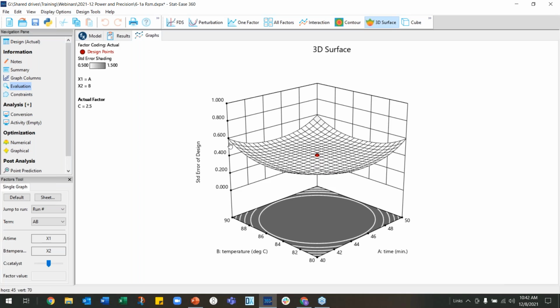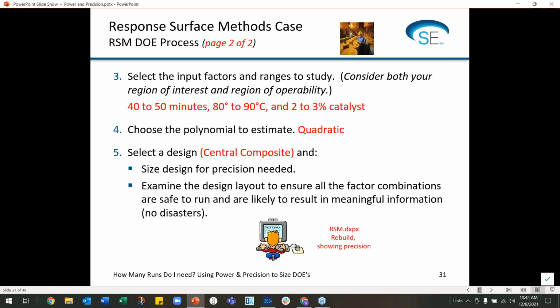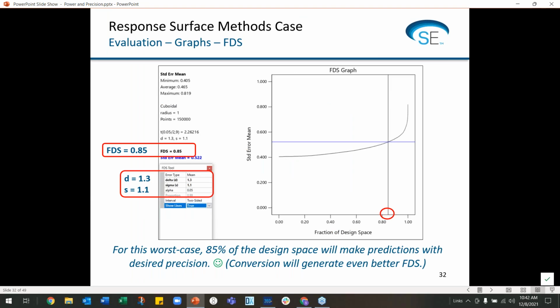It doesn't mean we can't predict it. It just means that the confidence interval has gotten larger, and it's just a little bit less precise. And of course, that was the worst case response. Conversion, which had a higher signal to noise ratio, will be better.